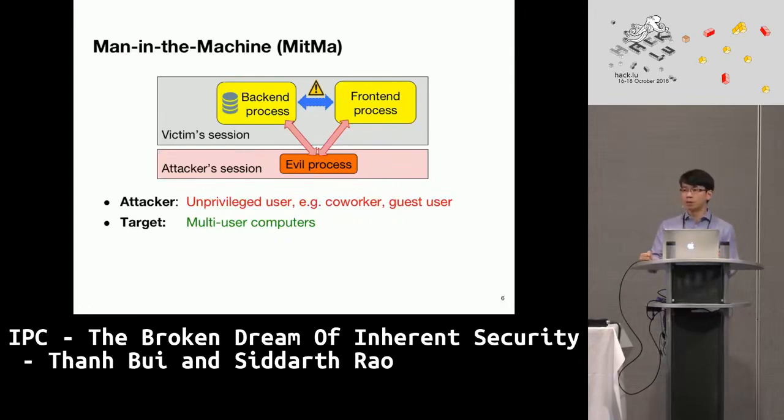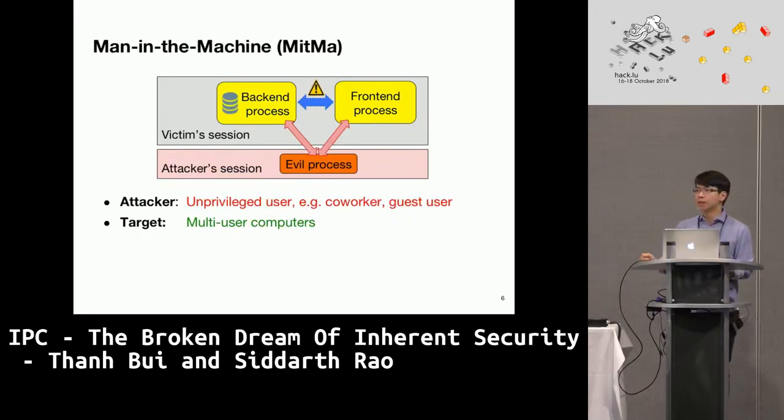In our threat model, the attacker can be any unprivileged user that tries to steal sensitive information from other users on the same computer. Examples of potential MITMA attackers are colleagues or family members, and the target system here is any multi-user computer.